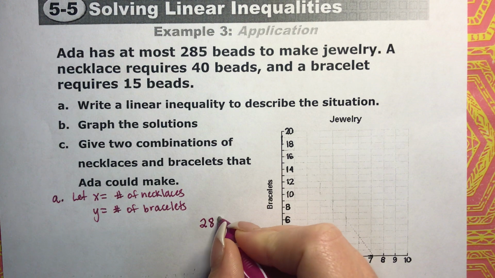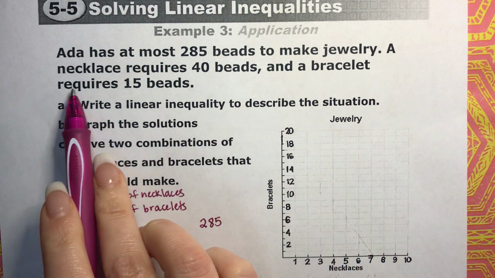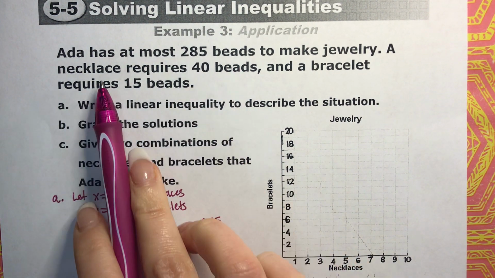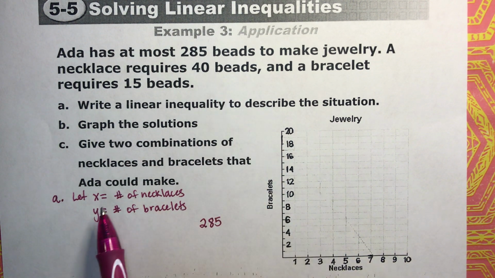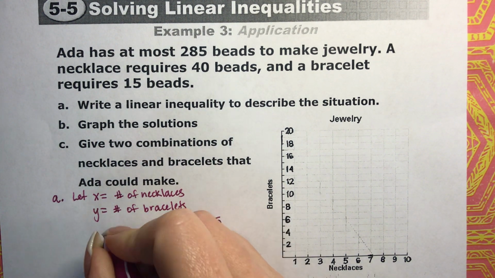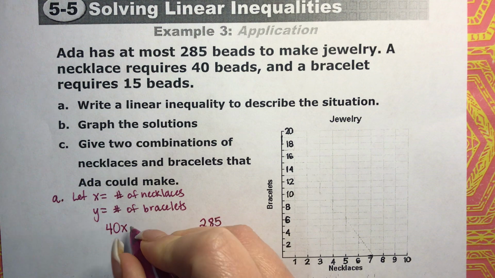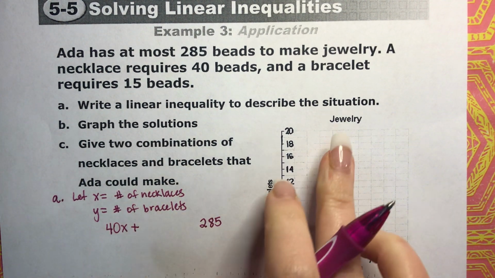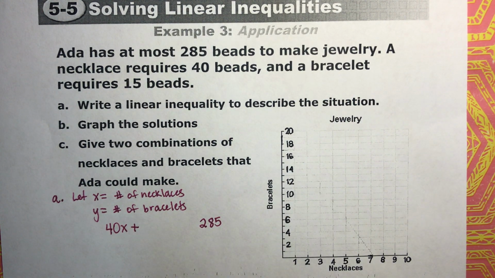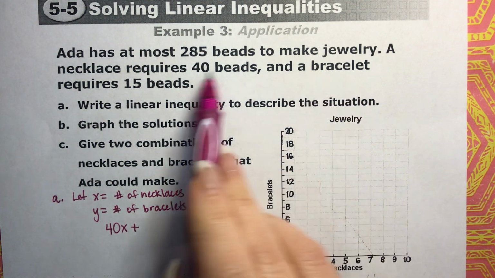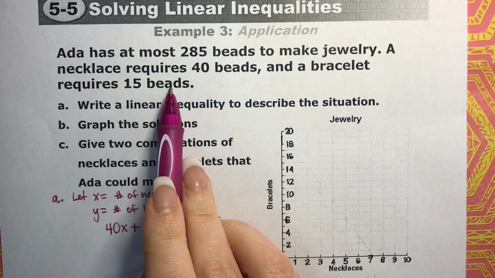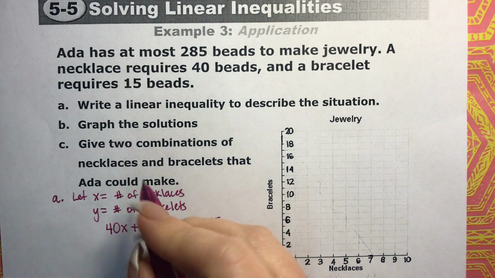And then that 285 is made up of 40 beads per necklace, so that would be 40 times X, the number of necklaces. So 40X plus the other piece, the amount of beads needed to make a bracelet, which would be 15 beads per bracelet, or 15Y.